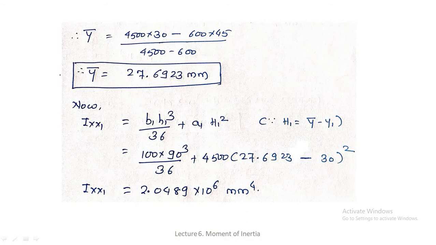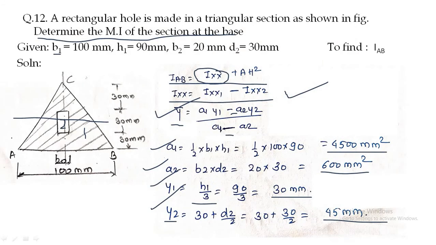So we will have y bar equal to 27.6923 mm. So our y bar will be somewhere over here. Because this distance is 30 mm, and below this 30 mm, this distance is 27.6923. So our y bar will be at this distance.